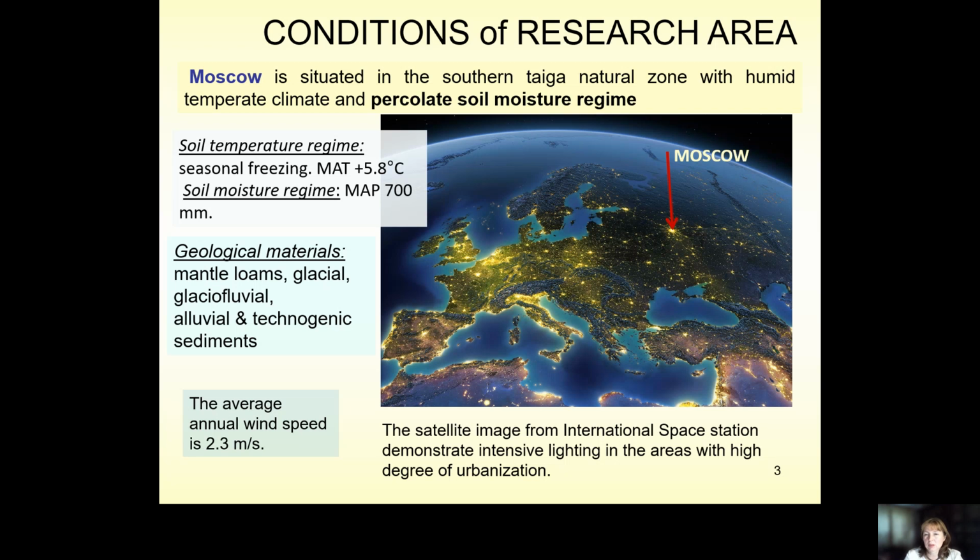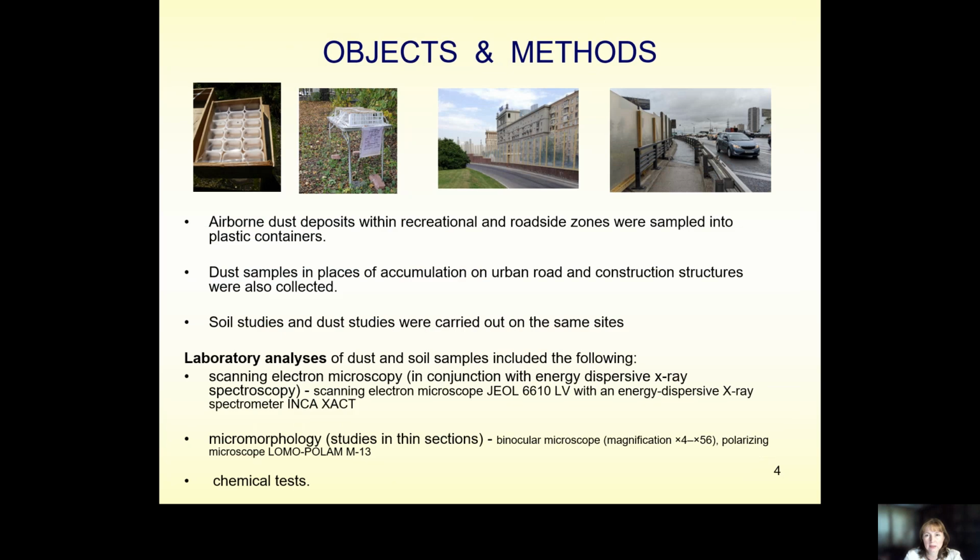Moscow is situated in the central part of the Eastern European plain, folded by loose sediments. It's in the southern taiga natural zone with humid temperate climate and percolative soil moisture regime. The average annual wind speed is 2.3 meters per second.